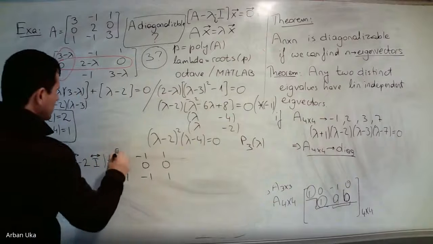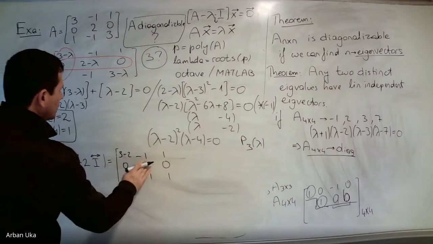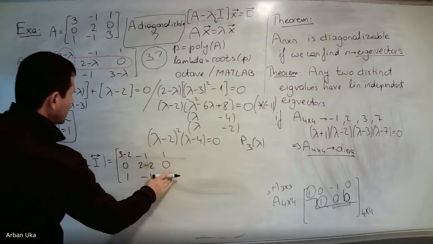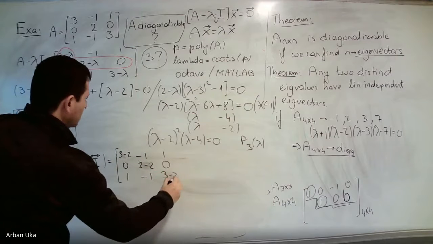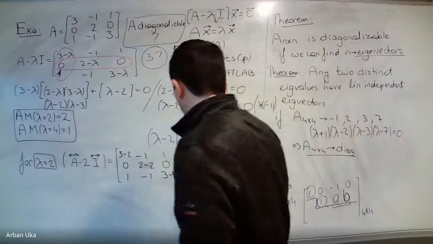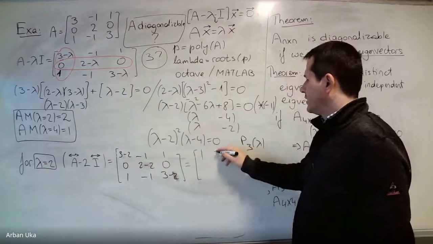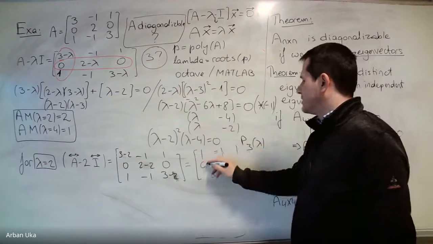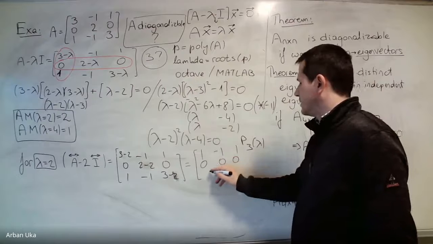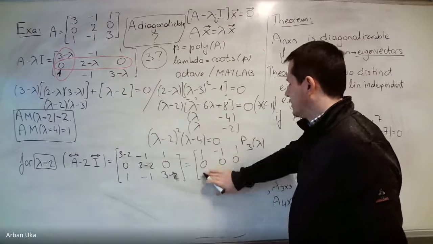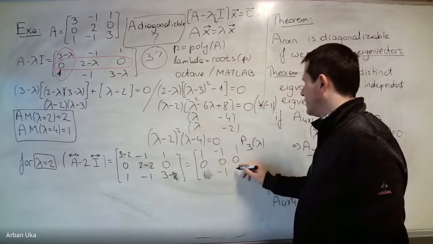Or I can write it like this. This is 3 minus 2, this is 2 minus 2, and this is 3 minus 2 again. Maybe it's better if I write it like this. This is equal to 1, minus 1, 1, 0, 0, 0, and 1, minus 1, 1.